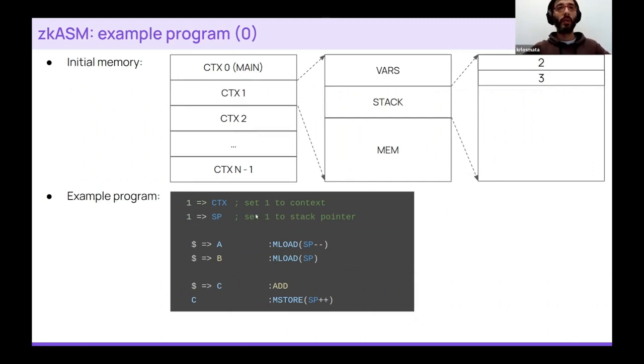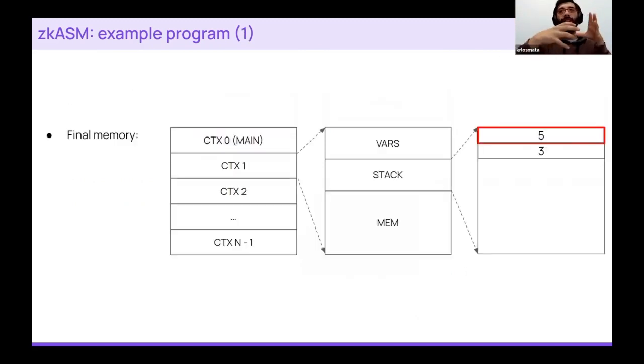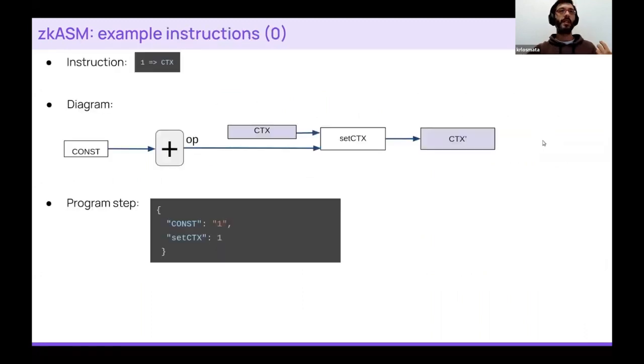We're going to go step by step, line by line, in order to see what this program does. This is the initial memory, this is the program, and the final state will be that we write this 5 in the stack here. So, okay, let's start.